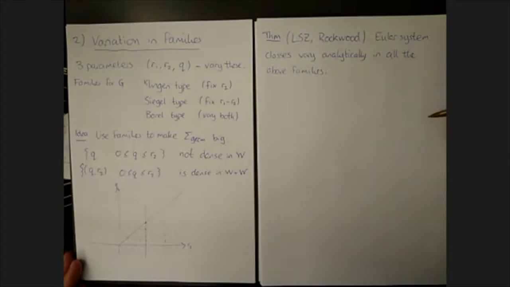We didn't use the Klingon and the Borel type ones directly in this project, so we stopped at that. But my student, Rob Rockwood, has actually managed to generalize the approach and show that you get variation in all the kinds of families it makes sense to have here. So on the side of étale cohomology classes and their Galois images, we have very good understanding of variation in families. But there are really two problems.